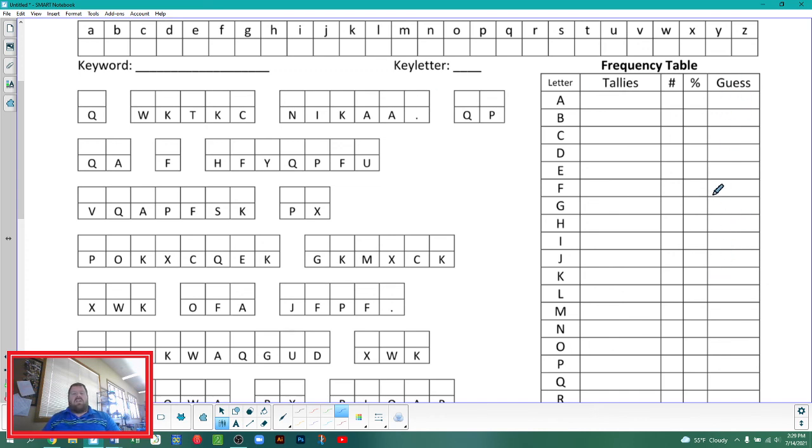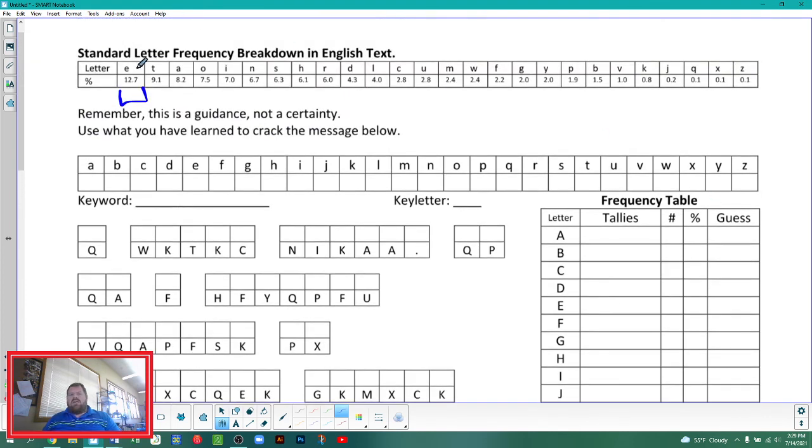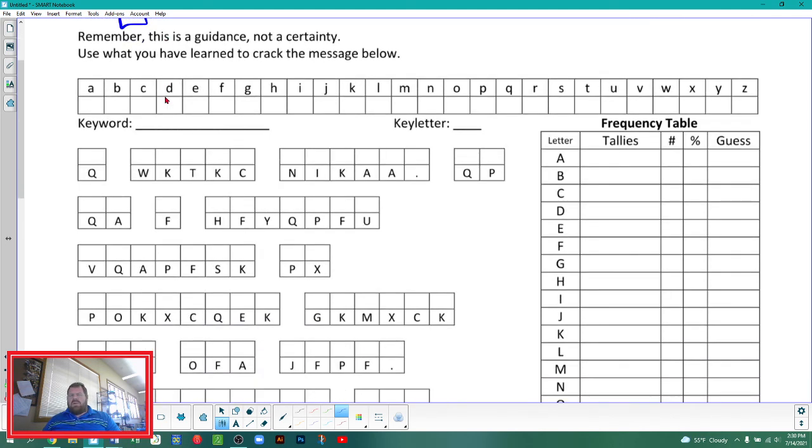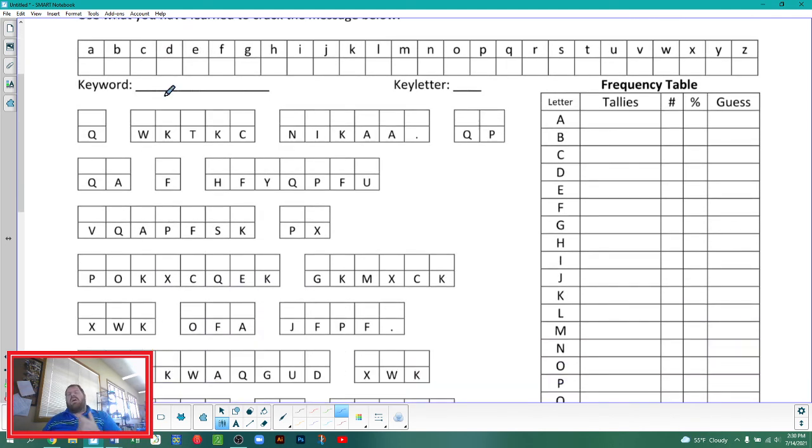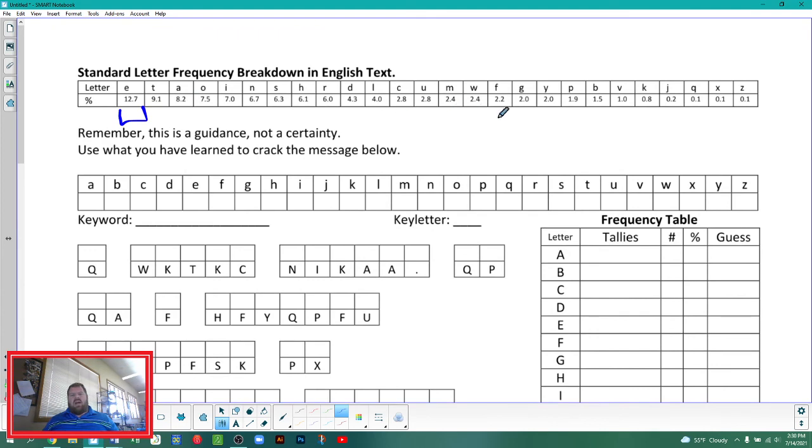Like if you've got one that's like 12%, I would guess that's an E. If you've got one that's 9%, you can guess that's a T. But more importantly, I go with my most common, I guess that it's E. Second most common, I guess that it's T. These aren't going to follow line by line, that, oh, I had this show up 1.9%, so that has to be a P. That's not guaranteed, okay? But you can use it as a guideline, but try to crack that message down below.